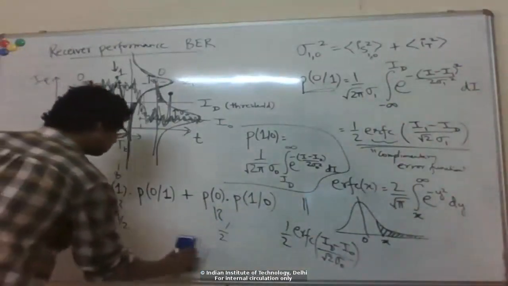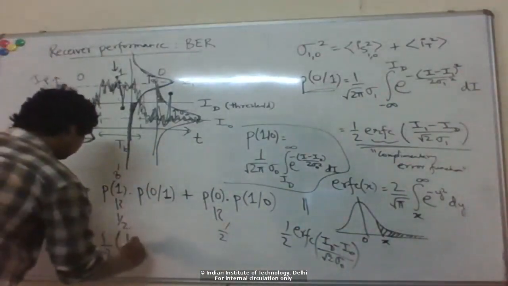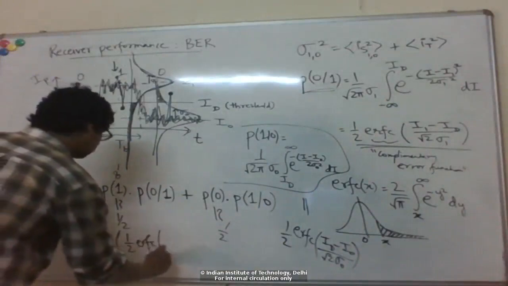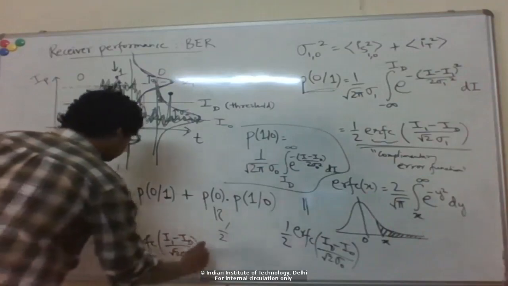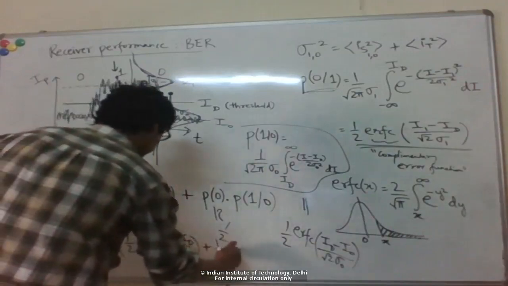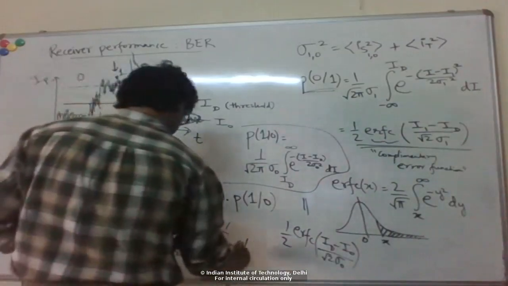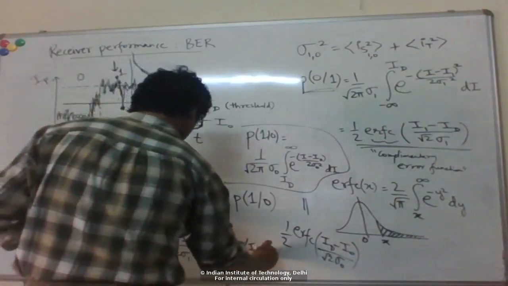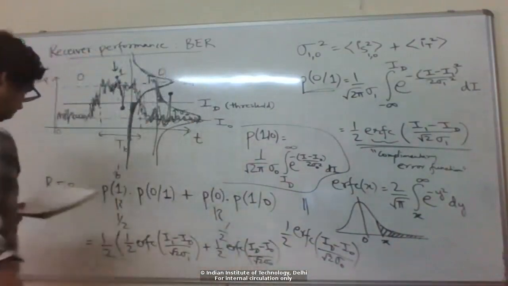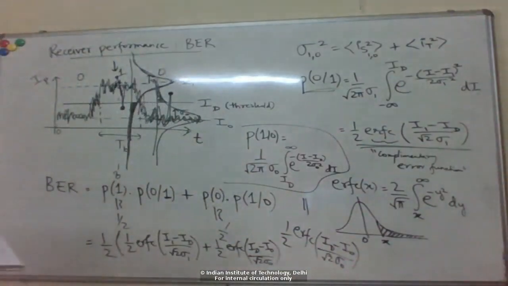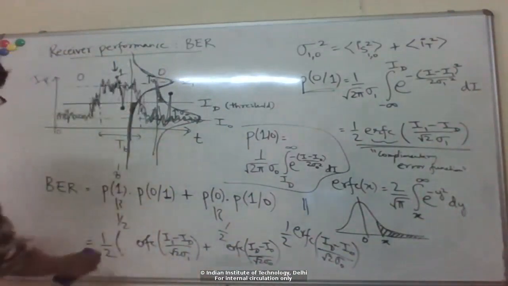So I just plug those results here. Okay, so I can take this half out, make this 1 by 4.